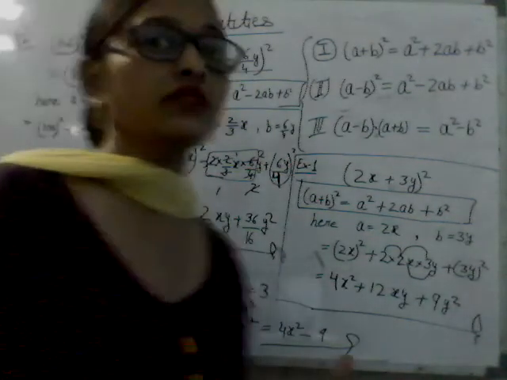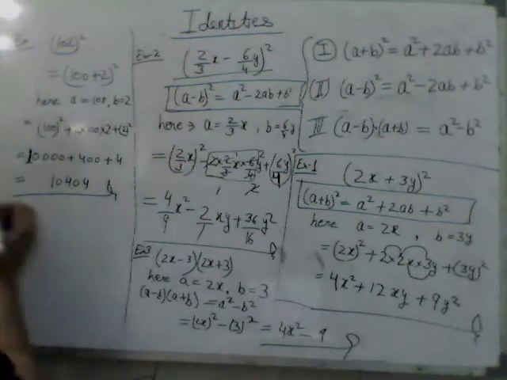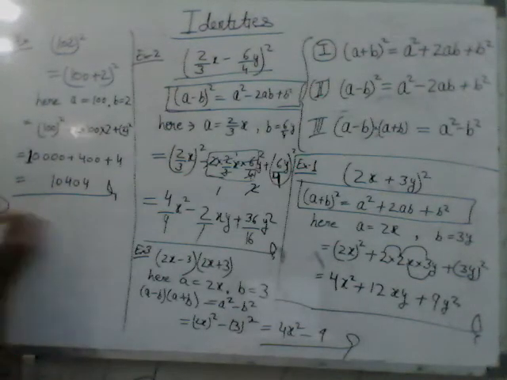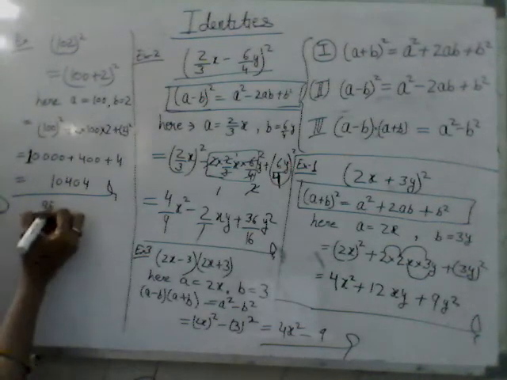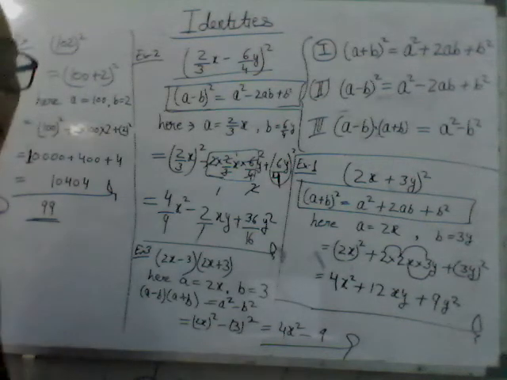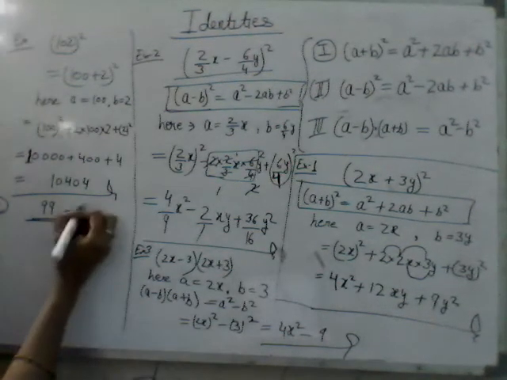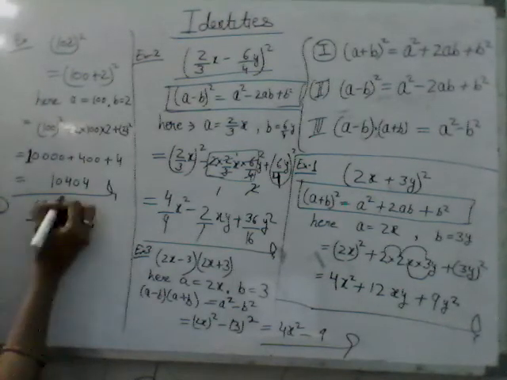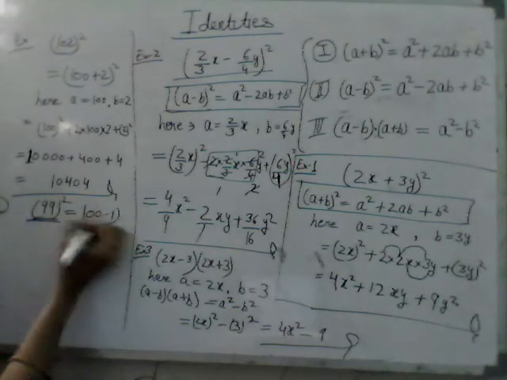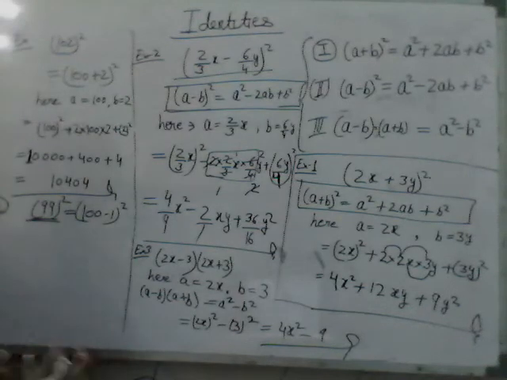One more example, using the second identity. Let's suppose 99. 99 is also near 100, it is 100 minus 1. We can write 99 as 100 minus 1.